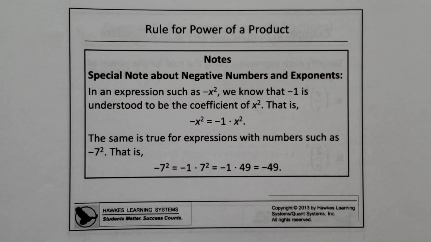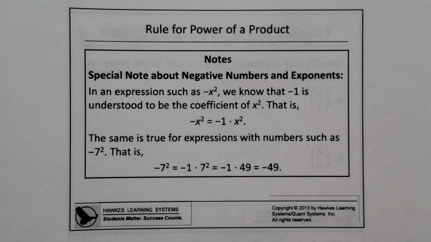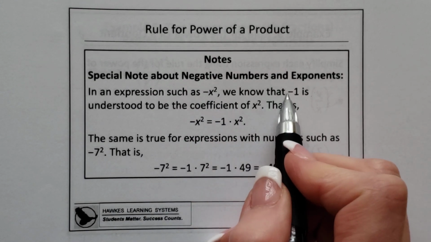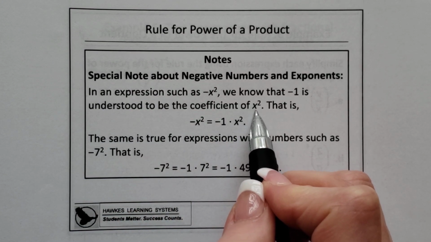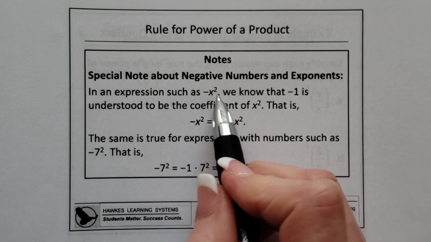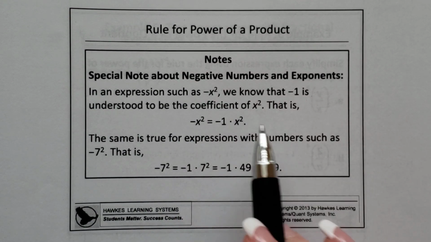All right, I have a special note about negative numbers and exponents. In expressions such as negative x squared, we know that negative 1 is understood to be the coefficient of x. This is not in parentheses. So the way this is written, it's negative 1 times x squared, or the opposite of x squared.